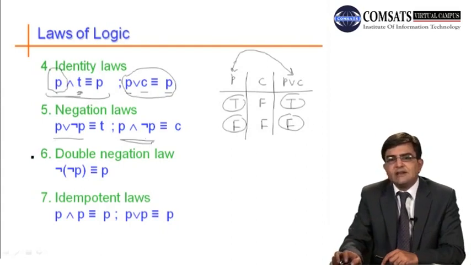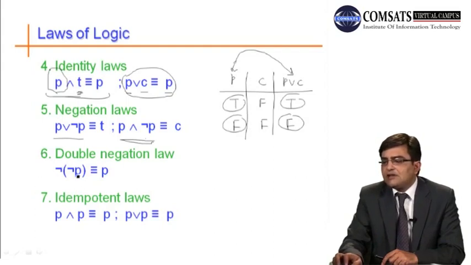The next law is the double negation law. If we take the negation of the negation of a proposition, we get the same proposition. It is obvious, and we can also prove it using a truth table. We know that the truth value of P in the first row is true.